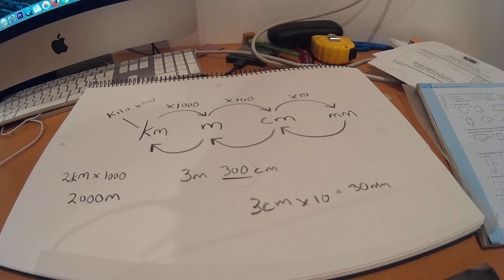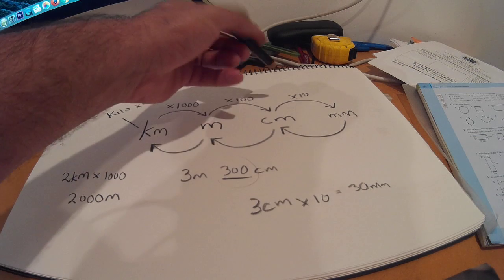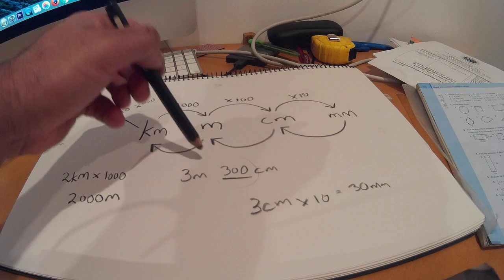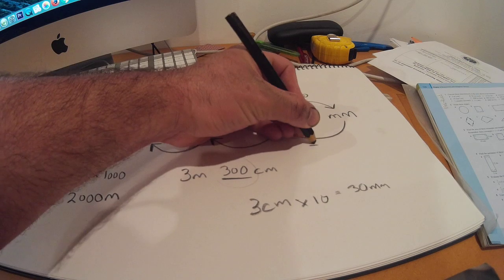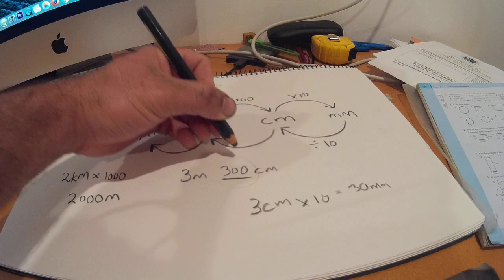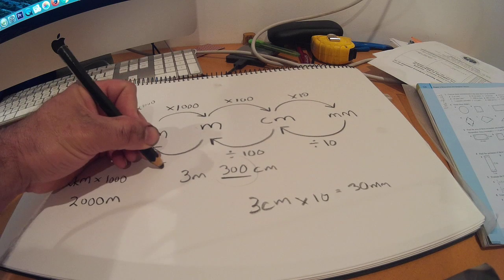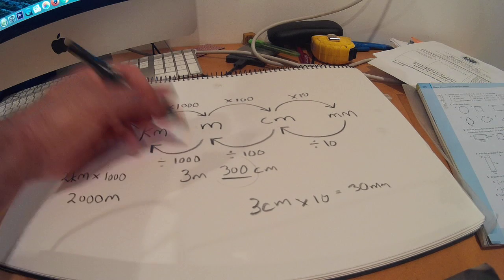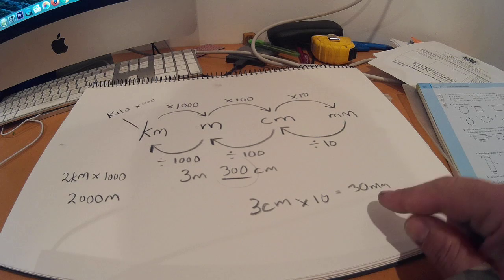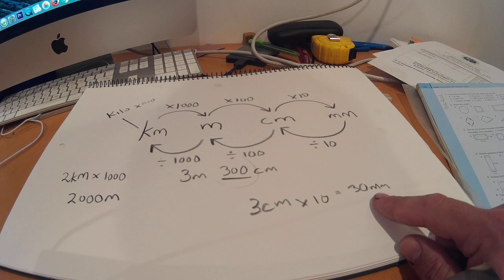If you need to go the other way, all you need to remember is that these numbers are the same on the bottom, but you'll be dividing by 10, dividing by 100, or dividing by 1,000. Okay? So going back the other way, our 30 millimeters, we need to change it to centimeters.